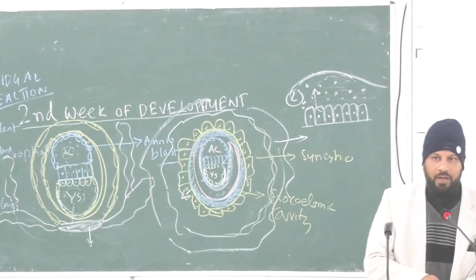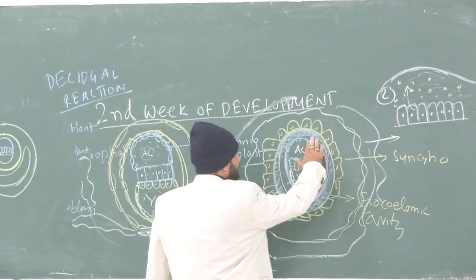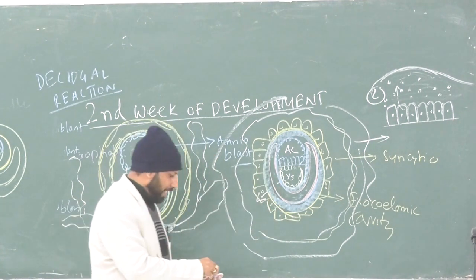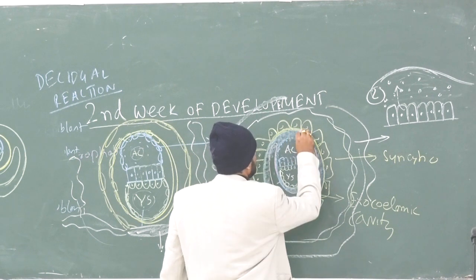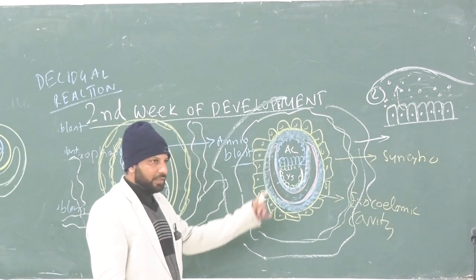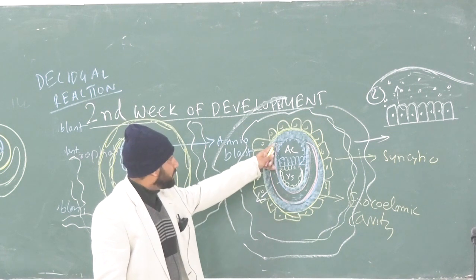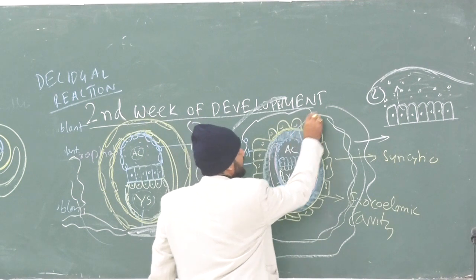From where? It is coming from the yolk sac cells and it fills up all the spaces. বাট হিয়ার there is no extra embryonic coelom. Extra embryonic coelom does not extend up to this, এই পোলের দিকে আসেনি। তাহলে এইটা কি করলো?